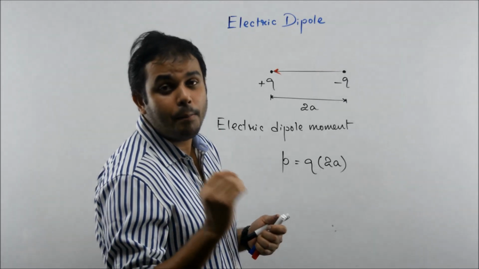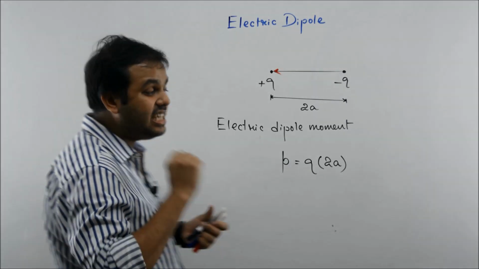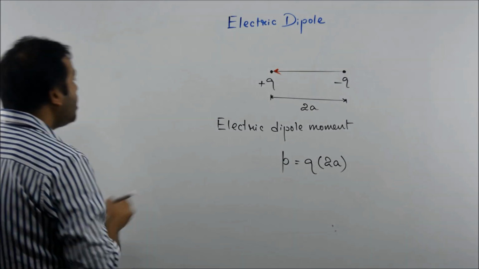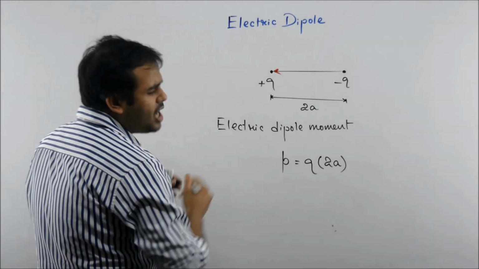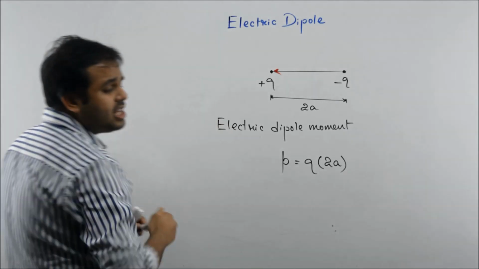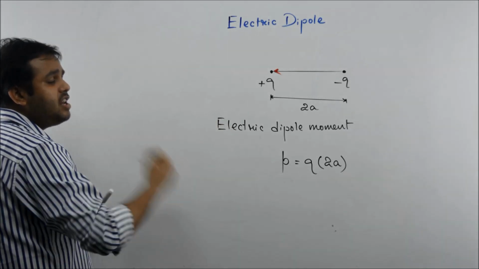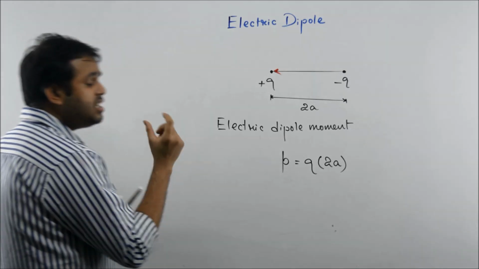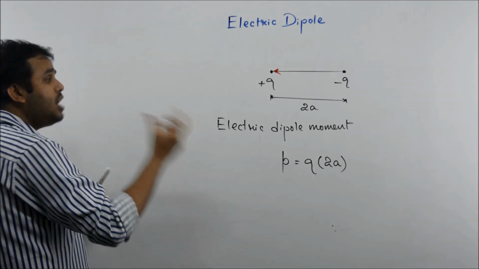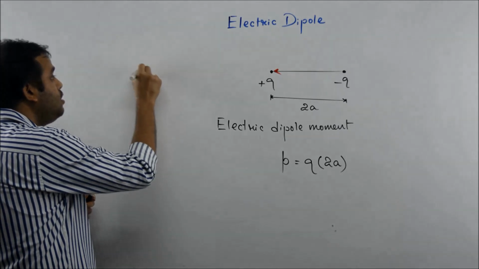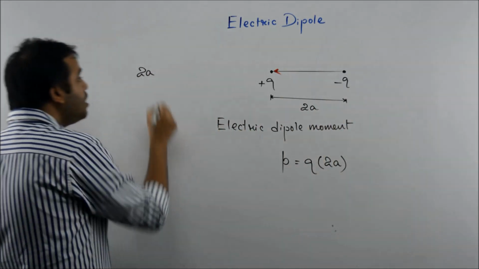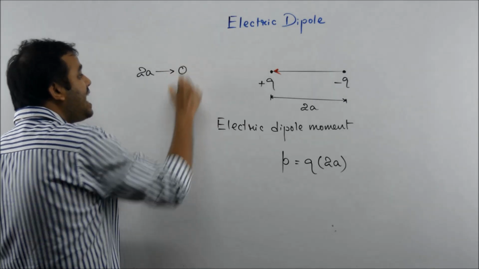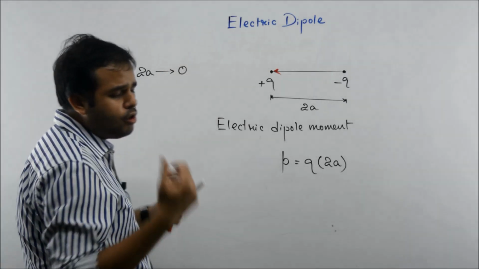What is a point dipole or ideal dipole? Now students, if the separation between the two charges is very small, as I have said already in the definition, for example, what is the separation between the two charges here? It is twice A. So if it tends to 0, it is not equal to 0, you know all these things.